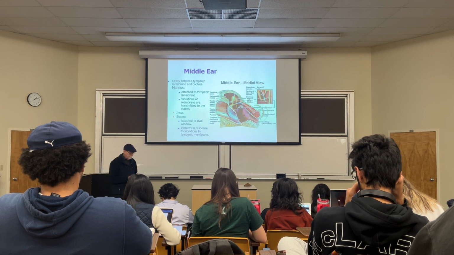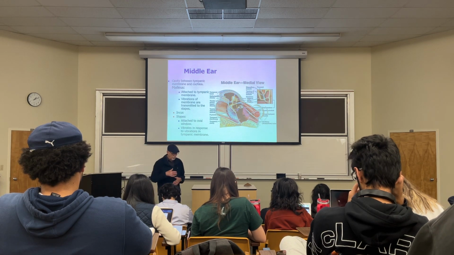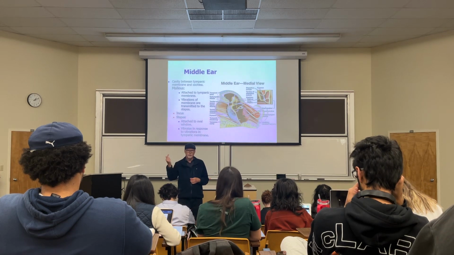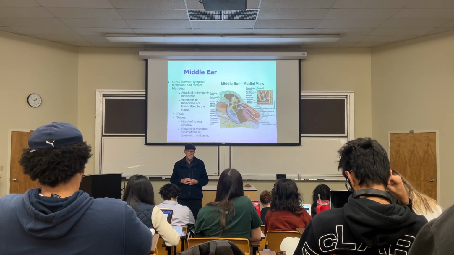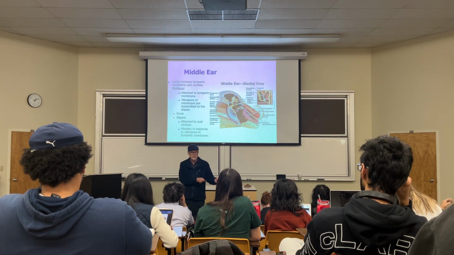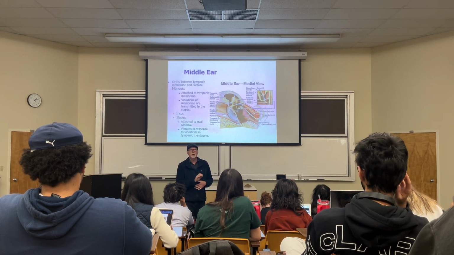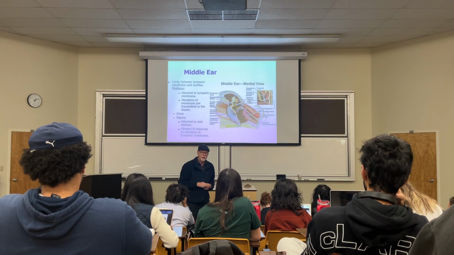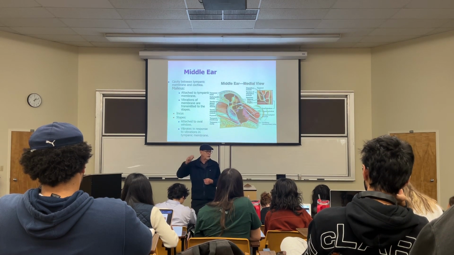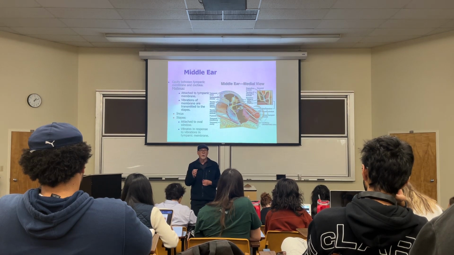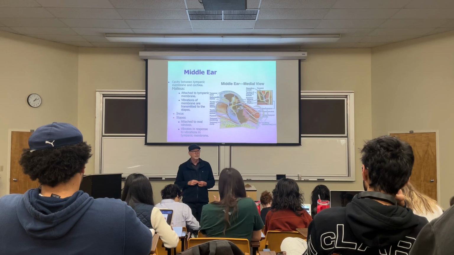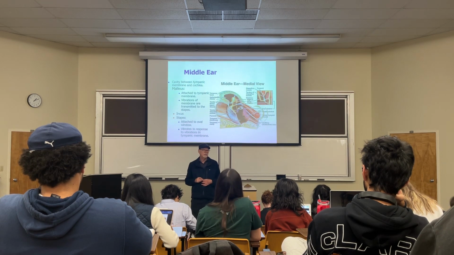But what happens is, if you're aware of a loud sound, like somebody going to shoot off a gun close by, these muscles can reflexively contract and hold the ossicles to prevent them from moving too much and preventing their damage. Now, if somebody shoots the gun behind you and you're unaware, then there's no time for those muscles to react, and so you get the damage.